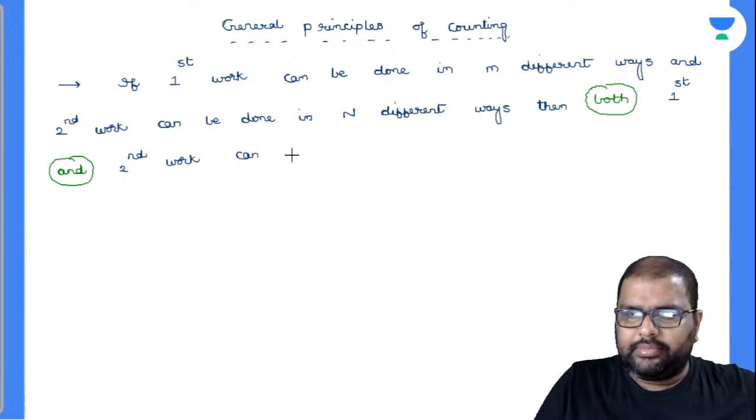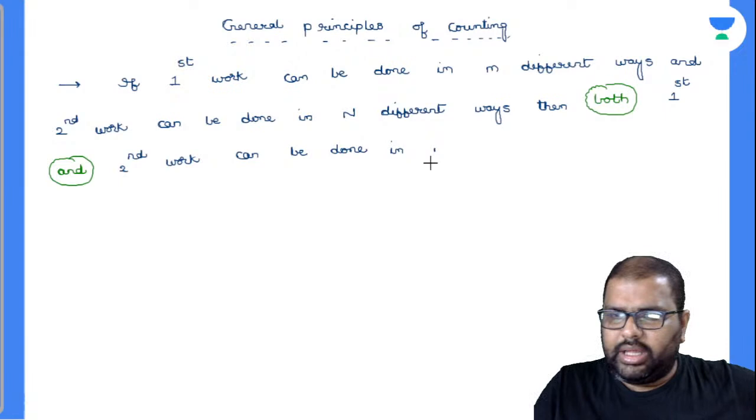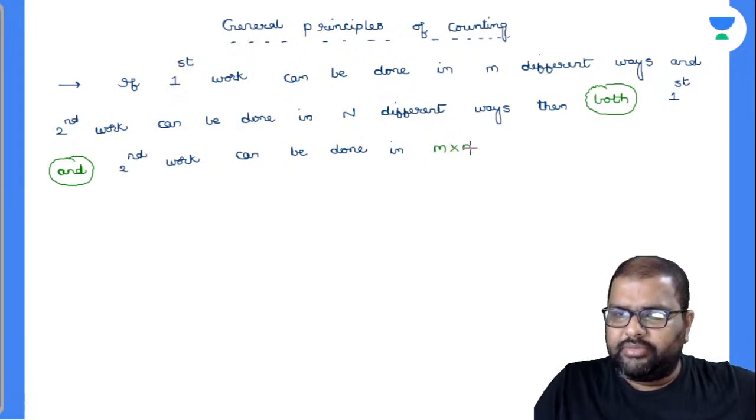In how many ways can this be done? Can anybody say? In m into n ways. Here, the first principle of counting: m into n ways.